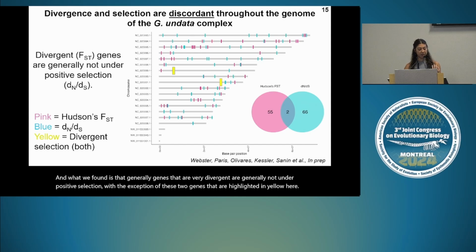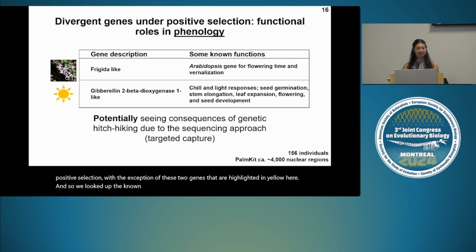And so we looked up the known functions of these genes, and super interestingly, we found that they both play functional roles in phenology. For example, we have one gene playing a functional role in flowering time, and another gene playing a functional role in environmental response.